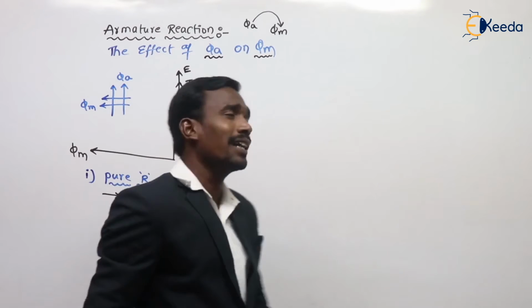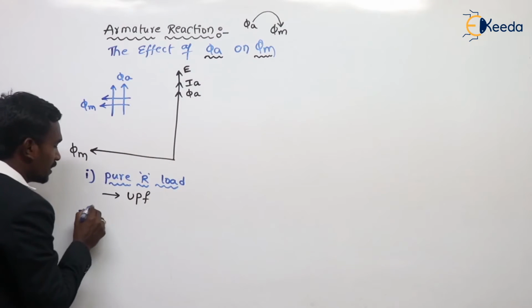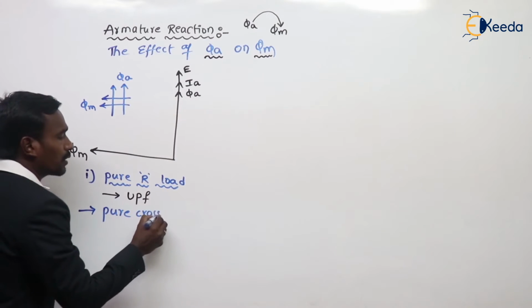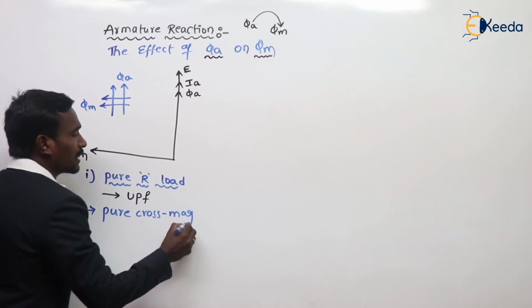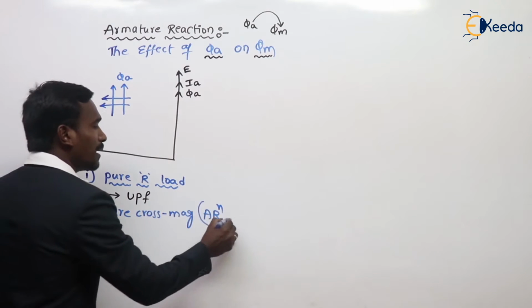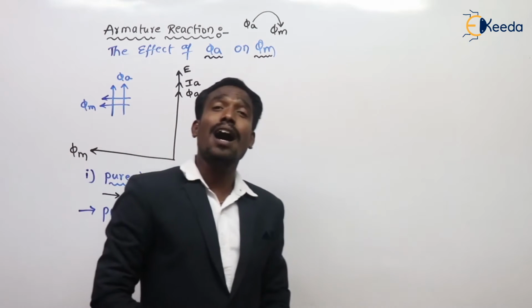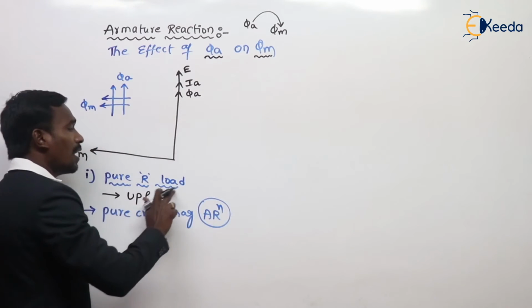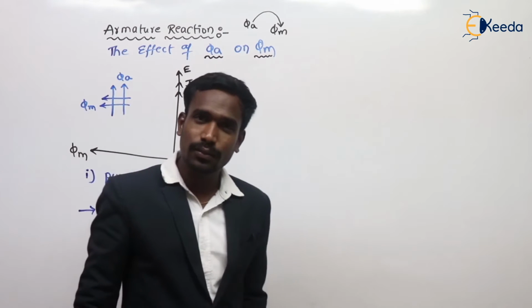Yes, very good answer. Here the armature reaction is pure cross magnetization. Pure cross magnetization effect of armature reaction will take place at unity power factor or pure resistive load.